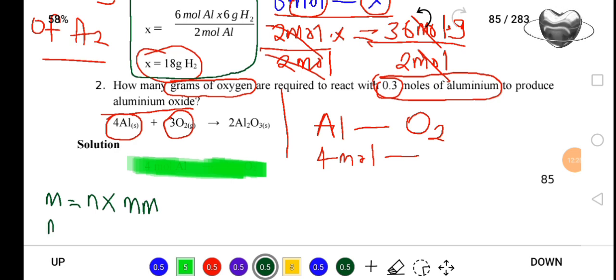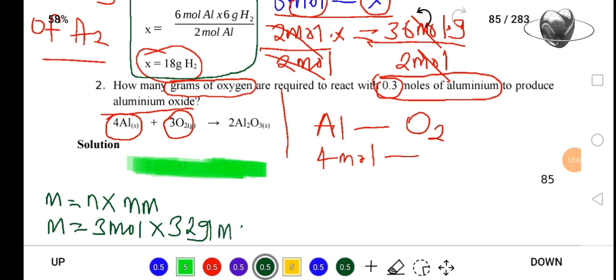So mass, when we have 3 moles, times 32 grams per mole. I understand you know where 32 is coming from, the molar mass. When we have oxygen like this, it means we have 2 times 16. 2 is the number of atoms, times the atomic mass of oxygen, which is 16. When you multiply, you will find 32.